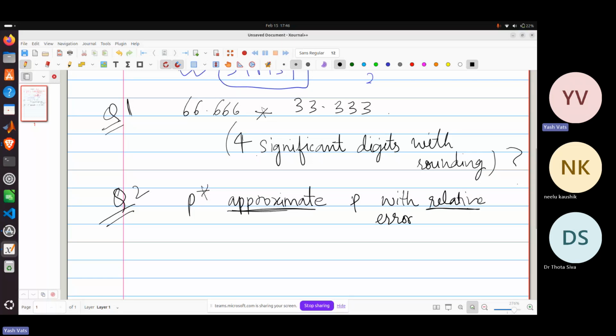I have already explained the concept of relative error in the last tutorial. At most, keep this in mind: 10 to the power minus 3.